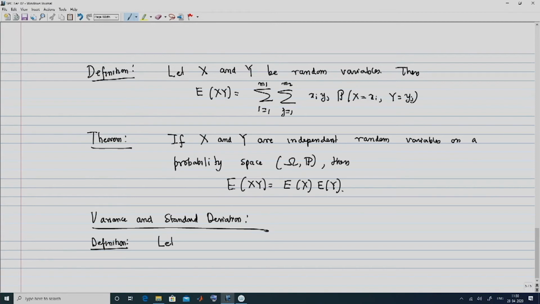Again, the variance is for the random variable. So let x be a random variable, and since we have already defined expectation, we will put the condition that it has a finite expectation defined by, say, mu.